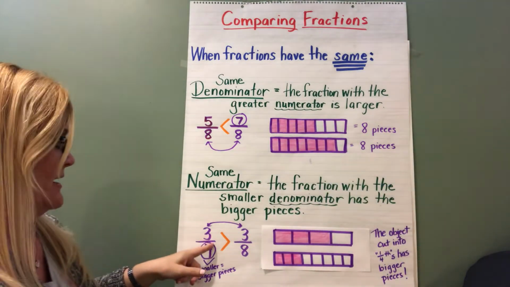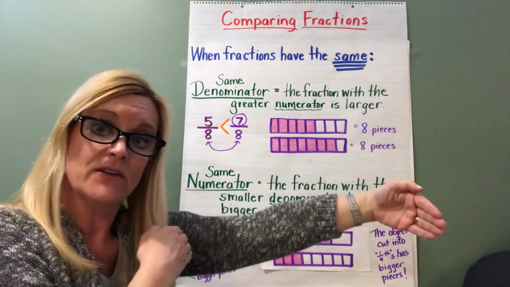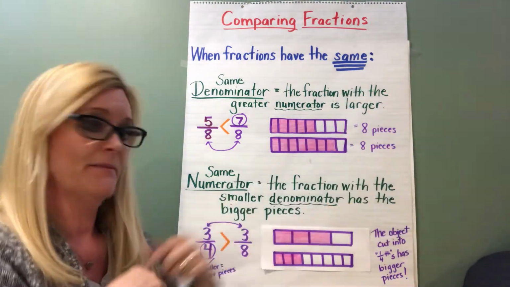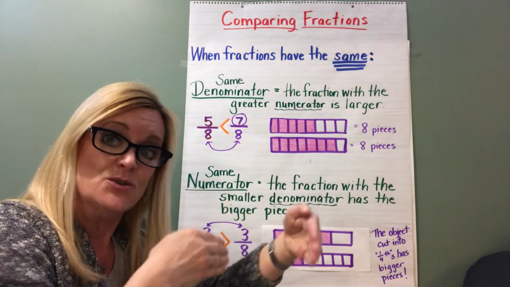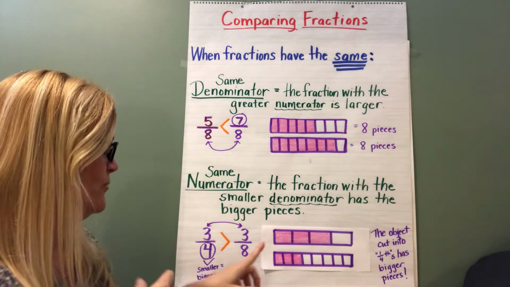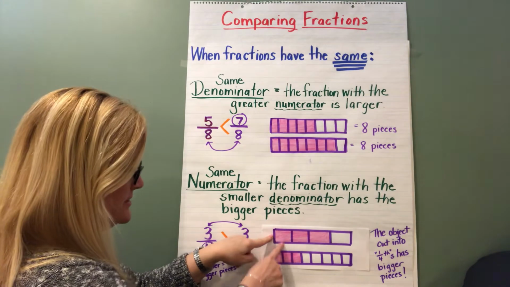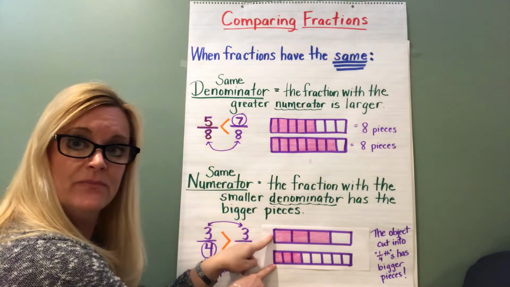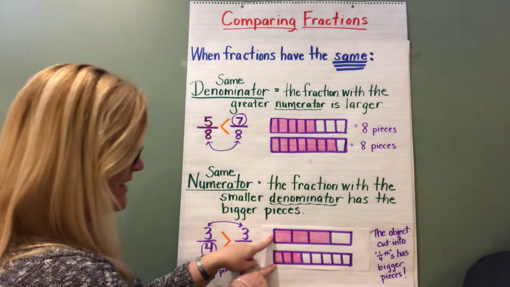So 3 pieces of something that's cut into 4ths would be a greater amount than 3 pieces of something that's cut into 8ths. And if you think about it, if we had unit fractions, 1/4 versus 1/8, we know that 1/4 is bigger. We learned that when we talked about comparing unit fractions.